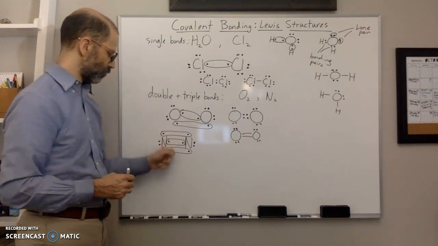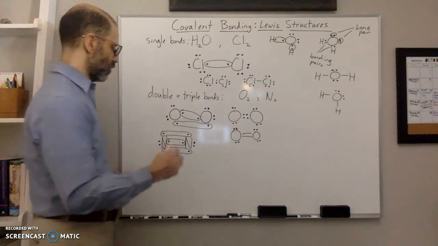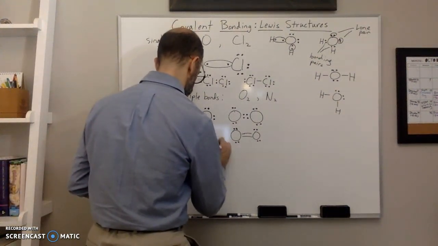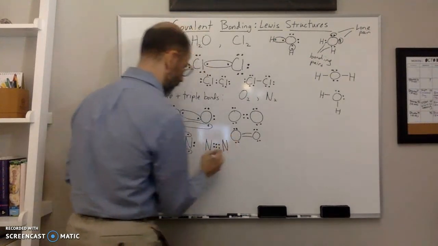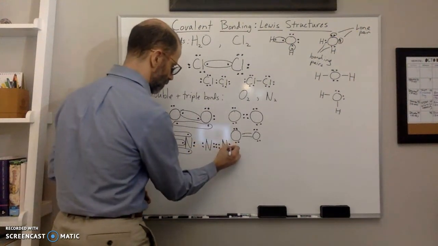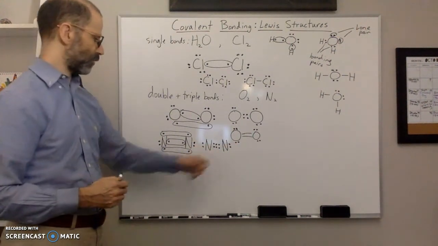So that's going to give you 3 bonds. So you got 3 pairs. So you could write it like this. So N, you have 1, 2, 3, like that. And then you have the other N, and then your lone pairs are here. So that would be the Lewis dot structure for nitrogen.